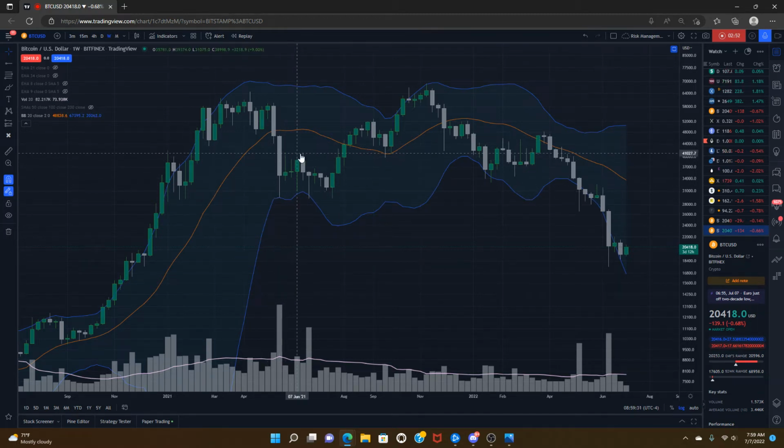Bounces exactly off it, comes up, comes down, bounces again, finds its footing, and then runs up, violates the median band, comes up, retraces down into it, and then we do get a break here, but then it closes. We don't get a sustained open and close above this level, closes back in here, and then runs down, breaks the median, runs back down for the lower side of the range, comes up, hits the median.